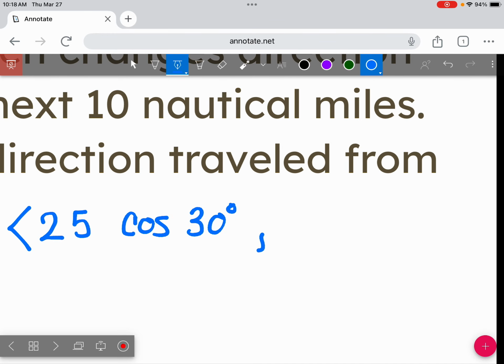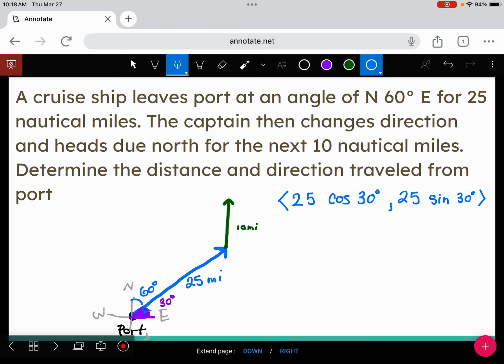The sine piece, or the y piece, is the same magnitude, 25, sine of that 30 degrees. So it's always based off of the angle from our x-axis, that standard position. Our distance is our magnitude. X is the cosine, y is the sine. Questions on that vector?